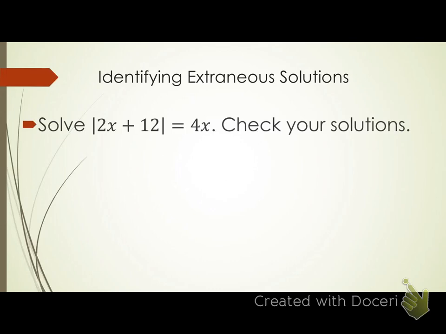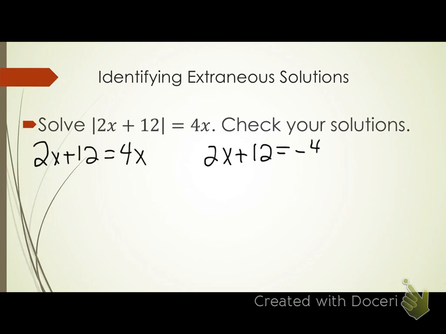Okay? So what would my first equation look like? 2x plus 12 equals 4x, exactly the same without the bars. My second equation, I make the 4x negative. Very good. Any questions how I set these two up?